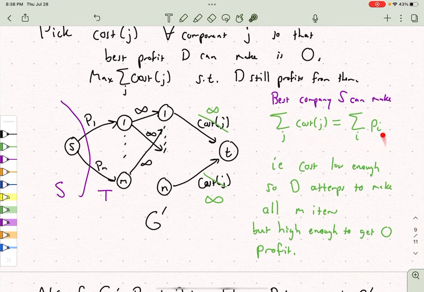And we already know that obviously they can't get more profit than that. They couldn't get more profit than that because then company D gets a negative total profit, and so they won't even try to buy company S's products. So clearly this is going to be the maximal thing. That's the most they could possibly squeeze out of D.